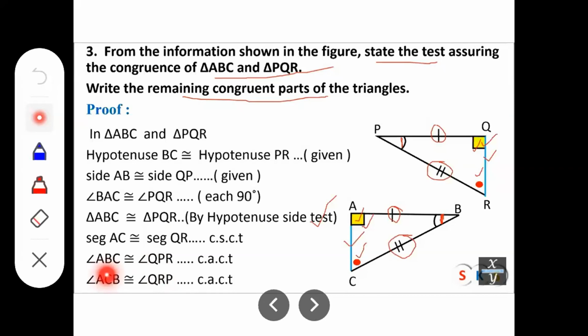So angle ABC is congruent to angle QPR. The reason is CACT. You just have to replace that S with A, because we are writing for angles. When writing for sides, there is S for side and A for angle. Nothing else changes, just replace S and A.